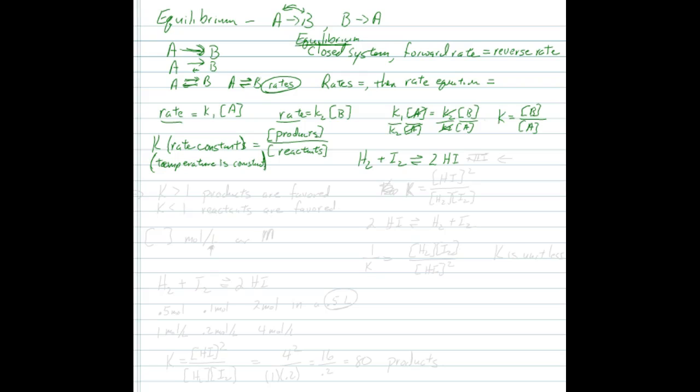The K, the constant, is equal to the products over the reactants. Now you got two HIs, which is the same thing as HI plus HI. So it's HI times HI, which is the concentration of HI squared divided by the concentration of H2 times the concentration of I2.